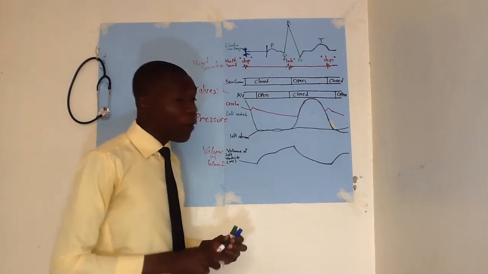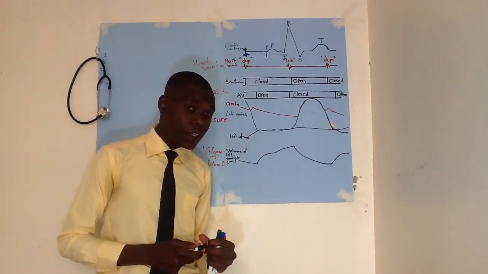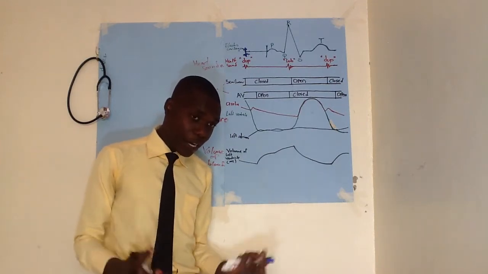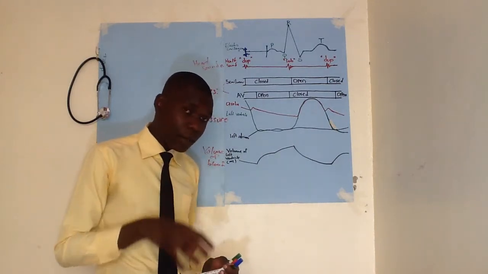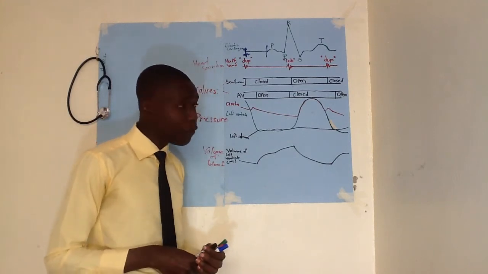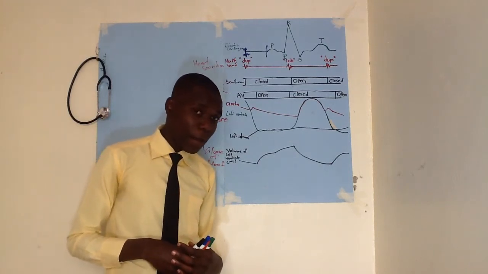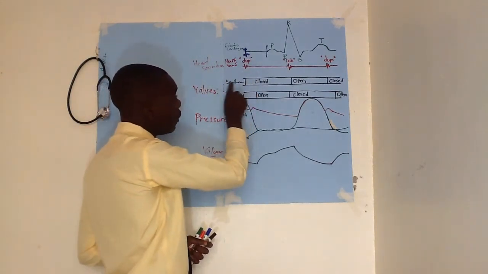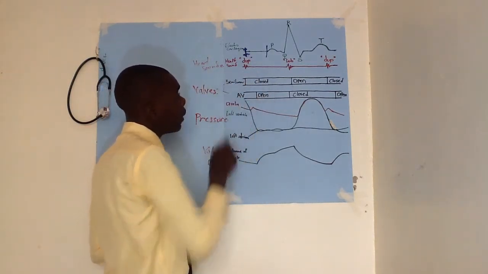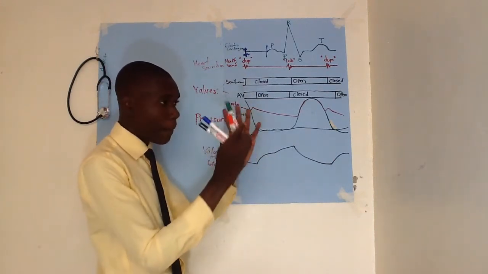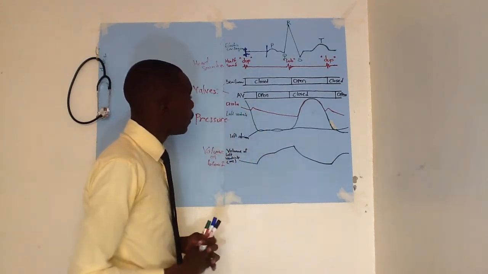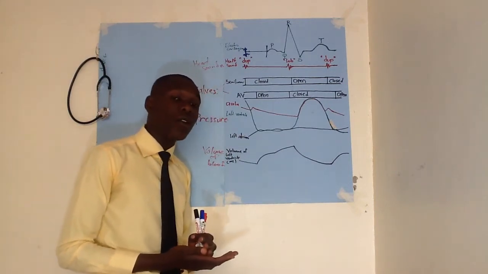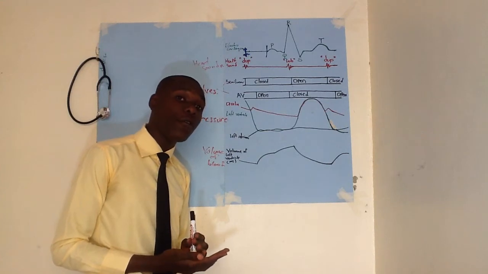Now in this state, both the atria and the ventricles are relaxed. Blood is trying to come back to the ventricle from the arteries, the pulmonary artery and the aorta. So it is shutting the semilunar valves closed, making that sound, dub. At that point, we are having what we call atrial filling.